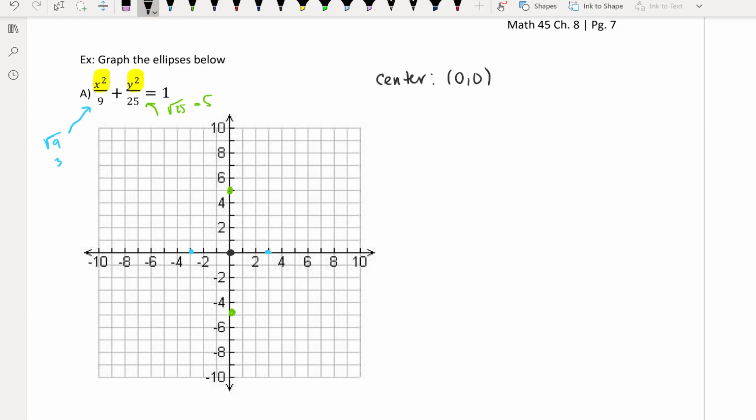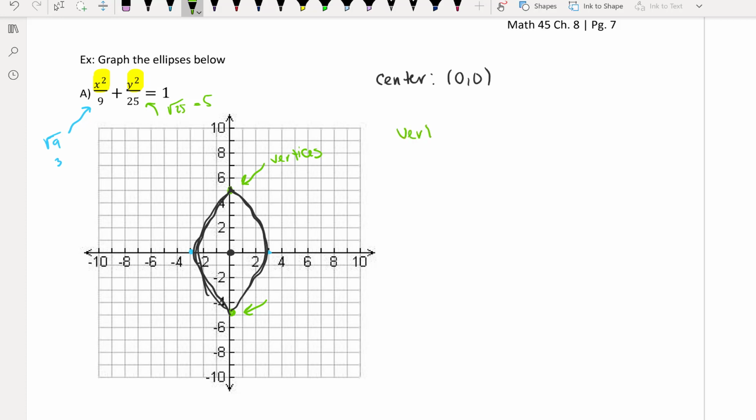So now I have the general equation and the general shape of my ellipse. Okay? So because it's longer along the y-axis, then I know that these are going to be my vertices.